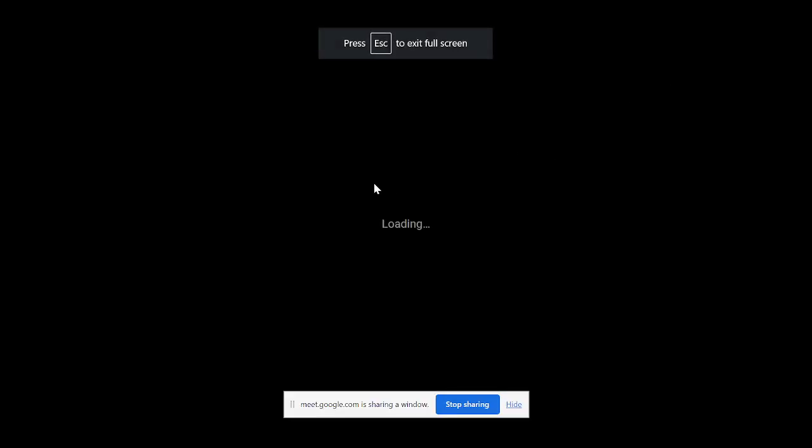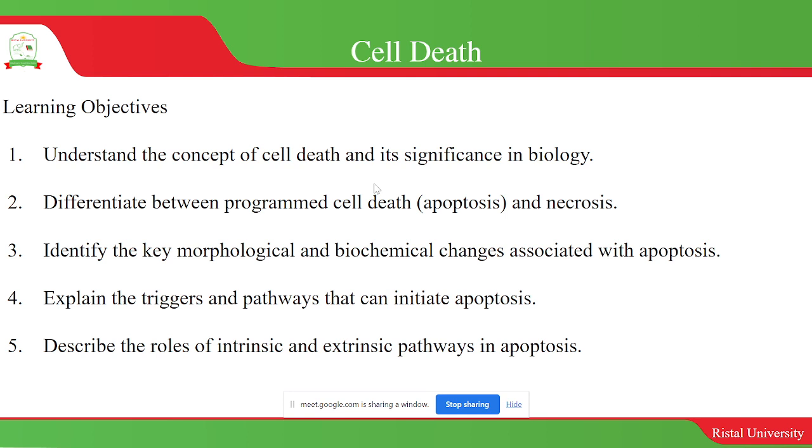So let's look at cell death. Cells do die. They die through two major ways. So we are going to look at that. And why is it very important that we really know how cells die?